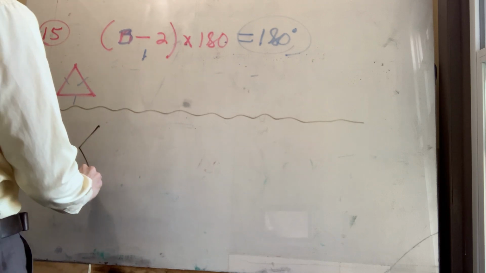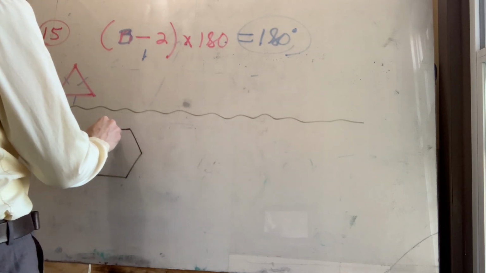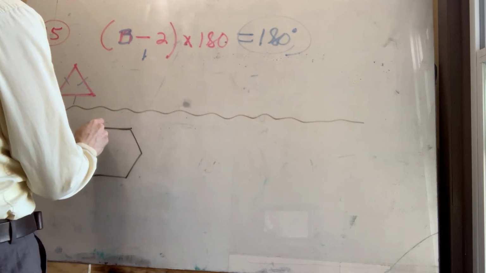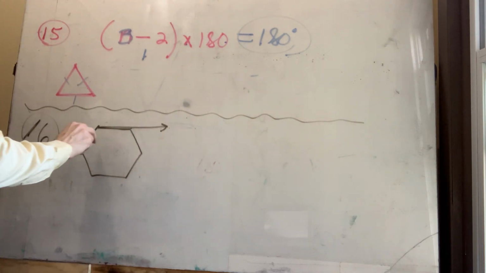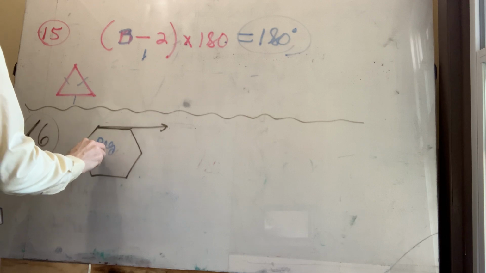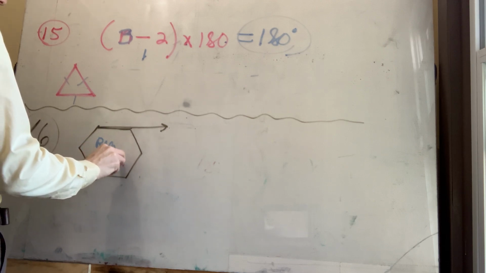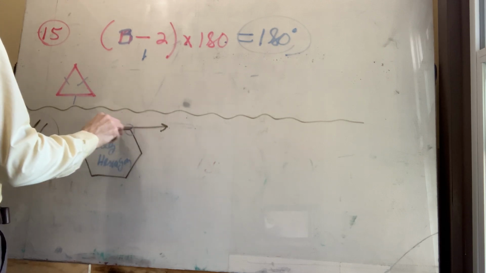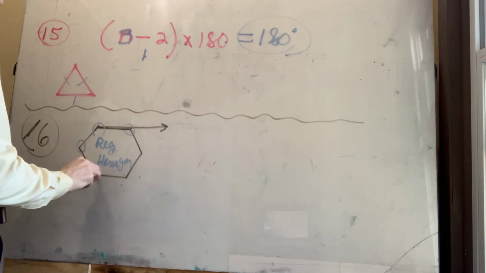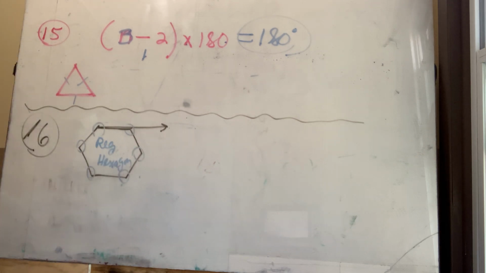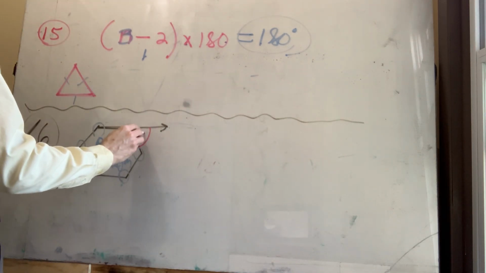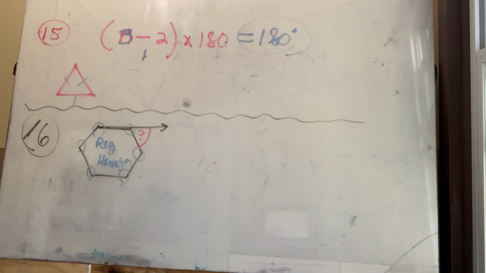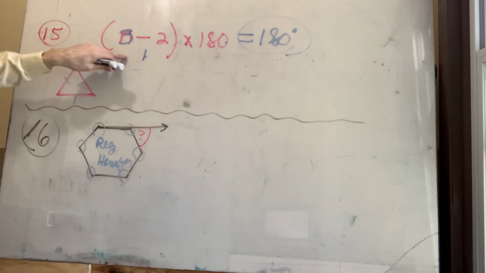If you have a hexagon, and it's a regular hexagon, that means that any of these angles here would have to be identical. Right. Let us figure out what one individually has to be first, before we get that exterior angle. We would go back to this formula.